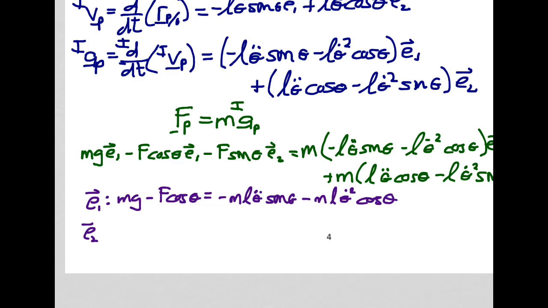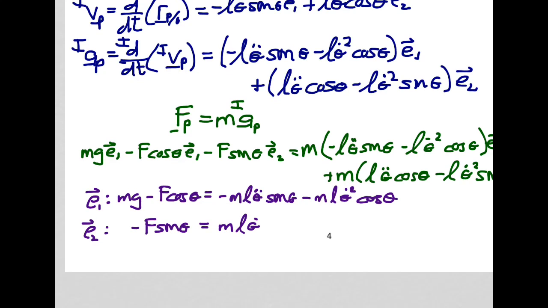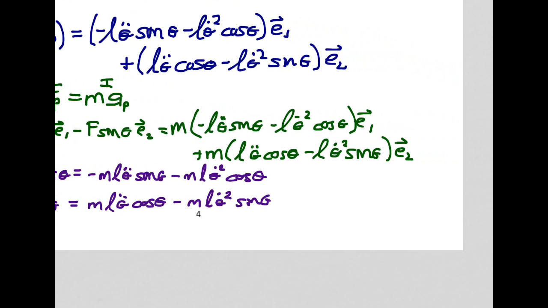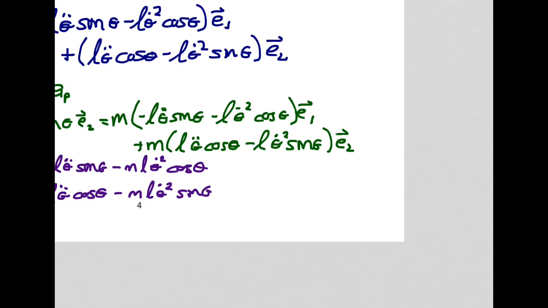And for the E2 coefficients, minus F sine theta is equal to mL theta double dot cosine theta minus mL theta dot squared sine theta. With these two scalar equations, we can do some algebraic manipulation and end up with a single equation of motion, which is quite nice, in which theta double dot is equal to minus g over L sine theta.